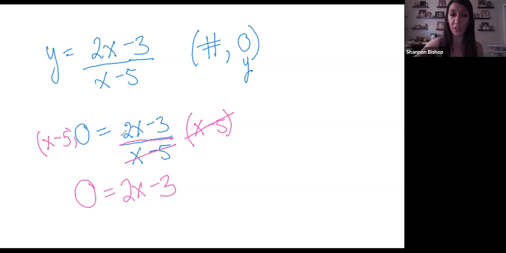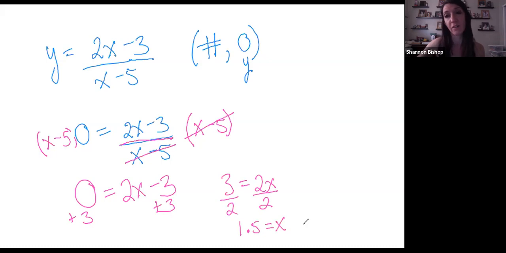So all you have to do is solve for when 2x minus 3 equals 0. And that, my friends, is just a couple of quick algebraic steps. And notice 3 divided by 2 is 1.5.